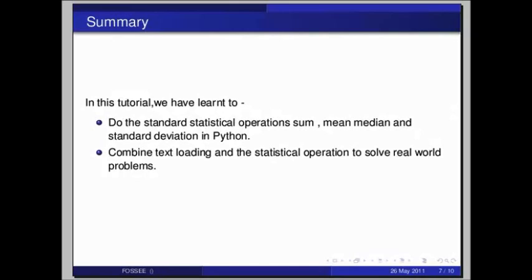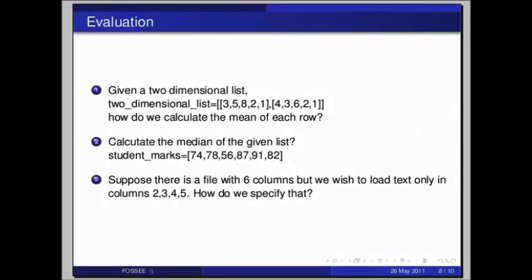Here are some self-assessment questions for you. The first one, given a two-dimensional list, two_dimensional_list is equal to, in square brackets, [3, 5, 8, 2, 1], comma, in another square brackets, [4, 3, 6, 2, 1]. So, how do we calculate the mean of each row?